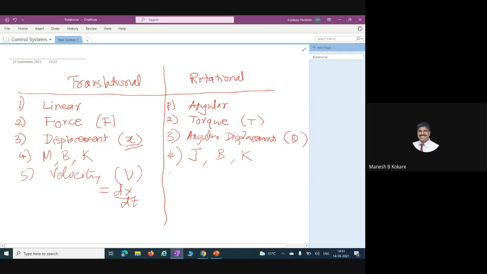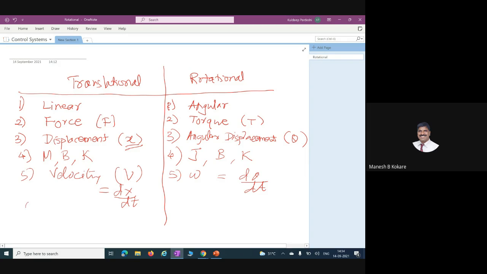Whereas in case of a rotational mechanical system, there will be angular velocity, which is represented by omega, and this is equal to d theta by dt. So d theta by dt is the angular velocity in this case. This means your dashpot will be offering a reactive force which is directly proportional to the angular velocity, just like in a translational mechanical system.